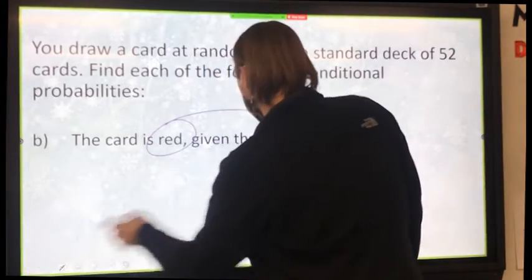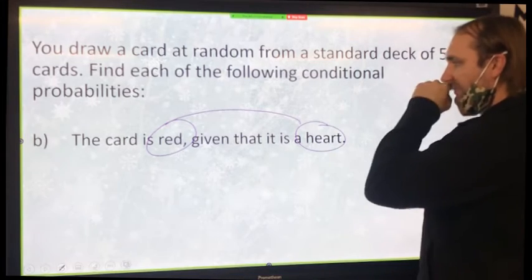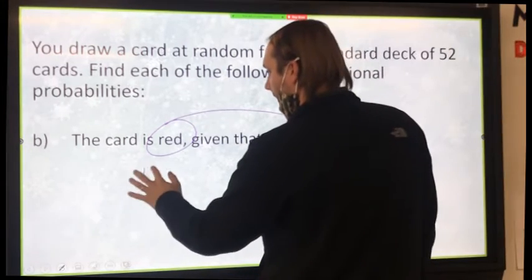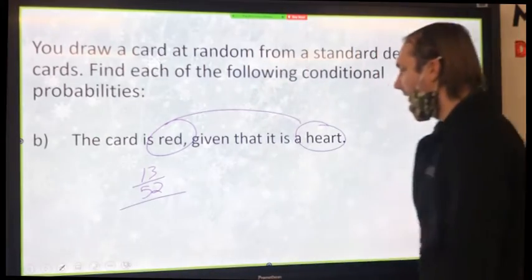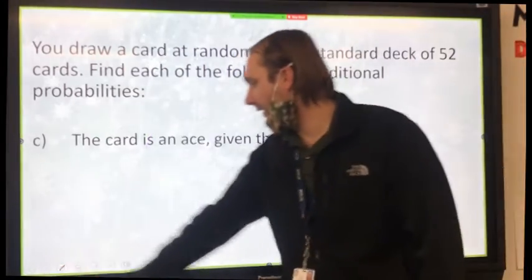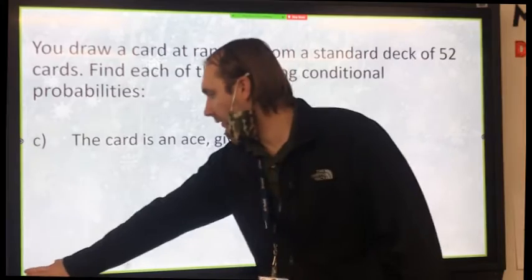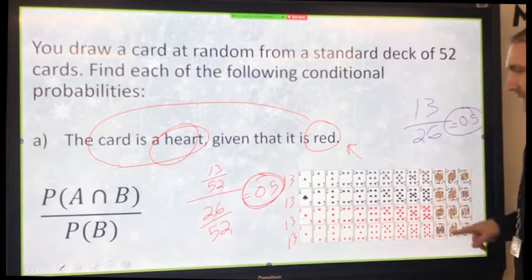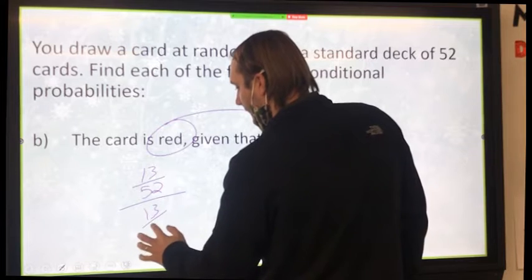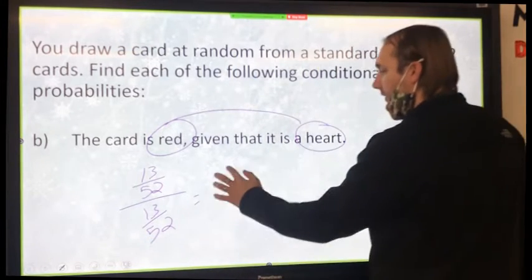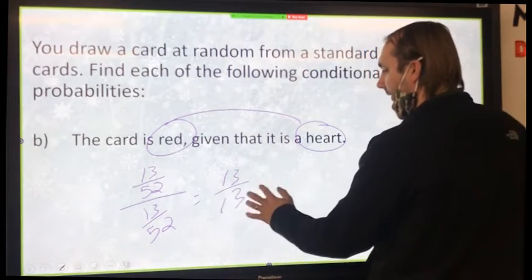How many hearts do I have that are red? 13 over 52. And how many cards in a deck are hearts? 13. So that's 13 over 52, over 13 over 52, which is 13 over 13.